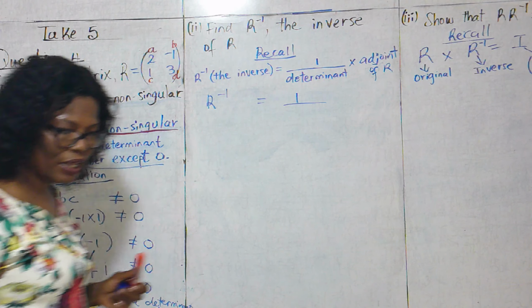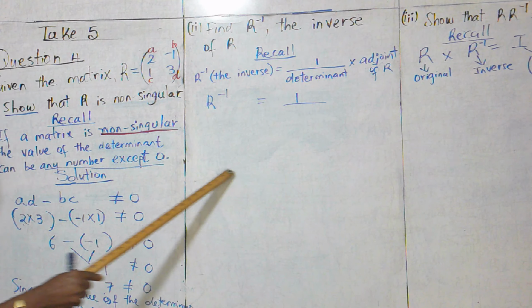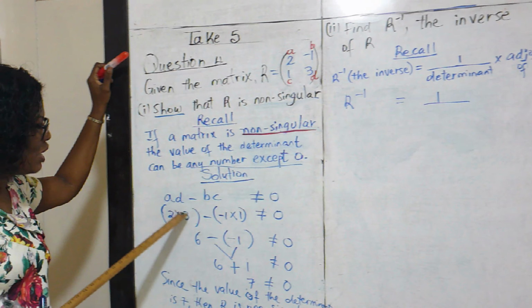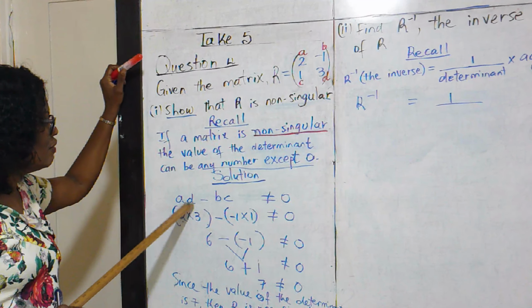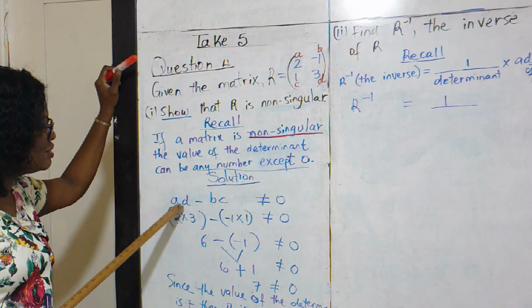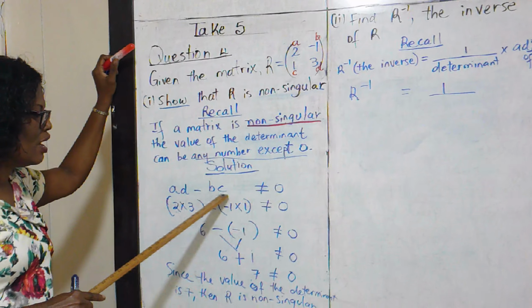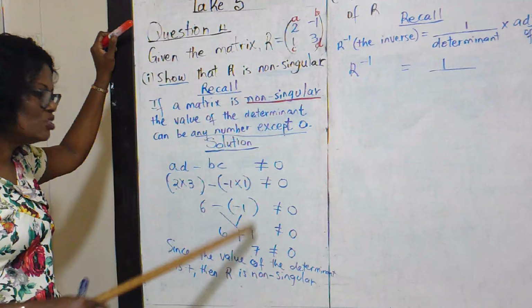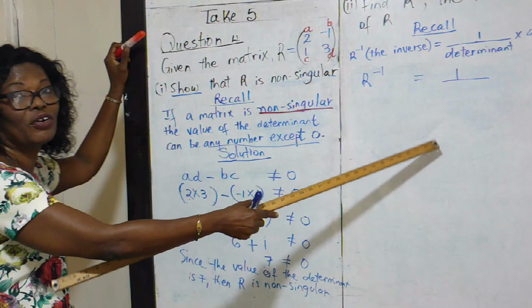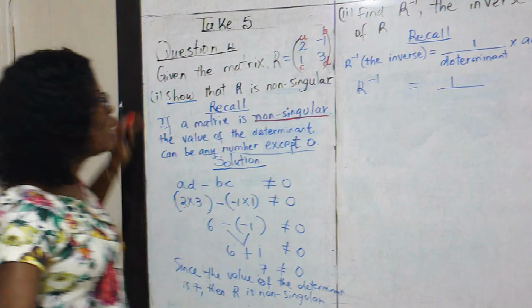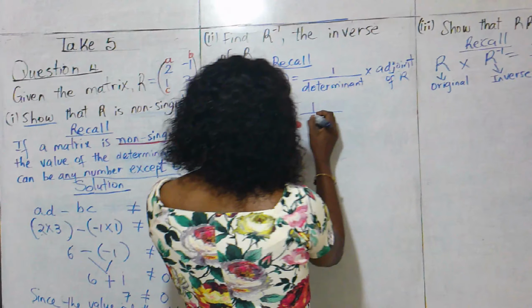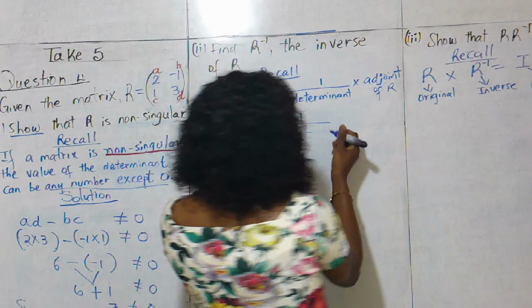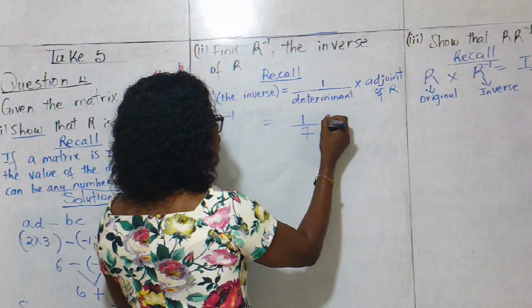Now we already, if you look over here, you would have realized that the formula for the determinant is AD minus BC, and we worked it out to be equal to 7. So we don't need to work this out again over here. Okay? So I'm just going to put 7 there. And then there are 2 steps to find the adjoint.